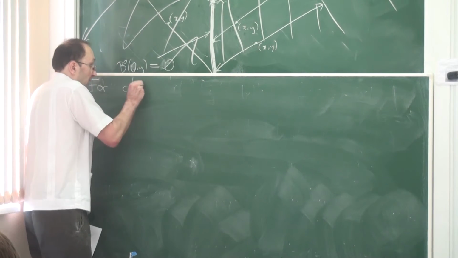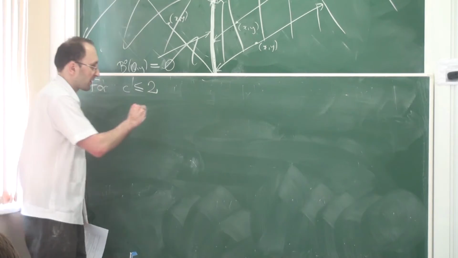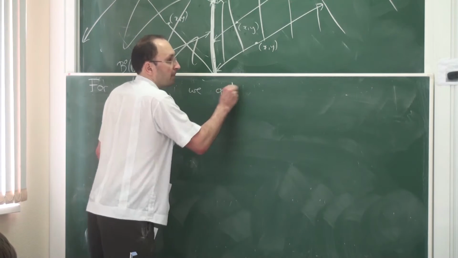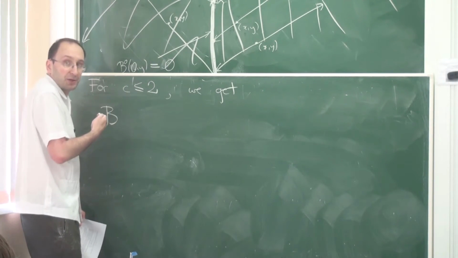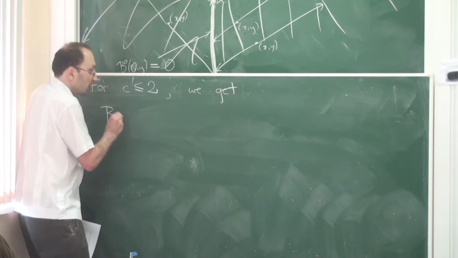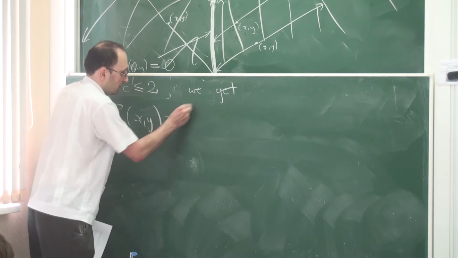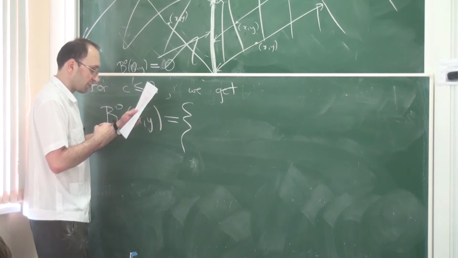So it turns out that for c smaller than 2, the following function works. Actually, that has already appeared here, and we have already proved it. Remember, this function was already on the blackboard, but with C1.